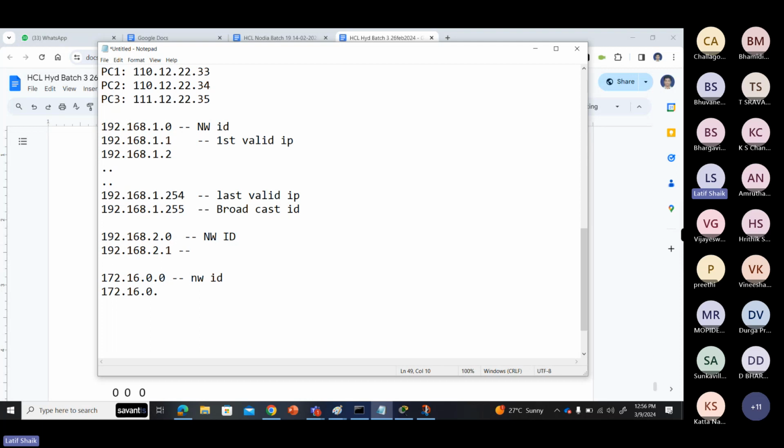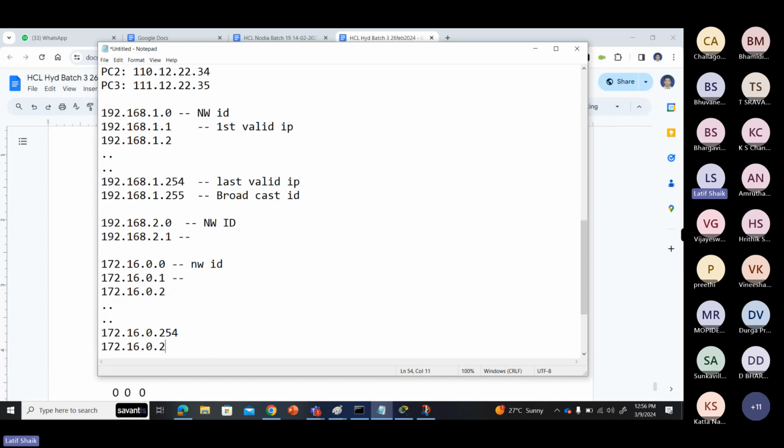This is the first valid host. It keeps going on: 172.16.0.254.